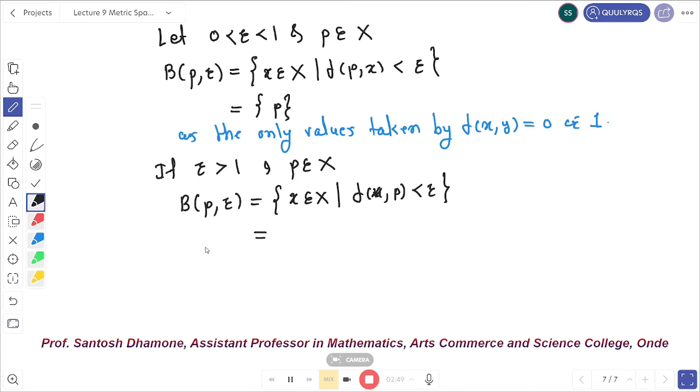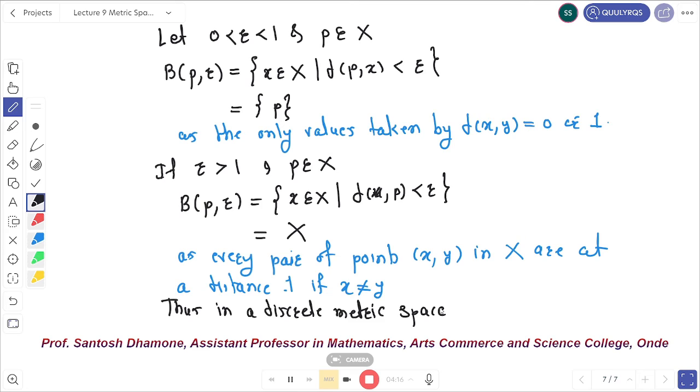Thus, in a discrete metric space, open balls are either a singleton set or the whole set X. This is the solution.